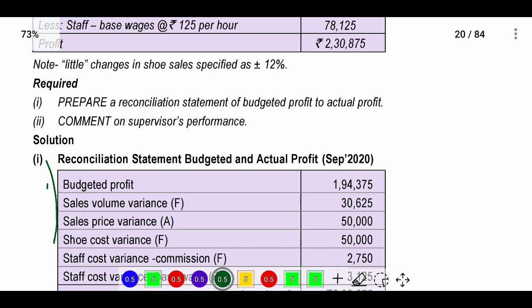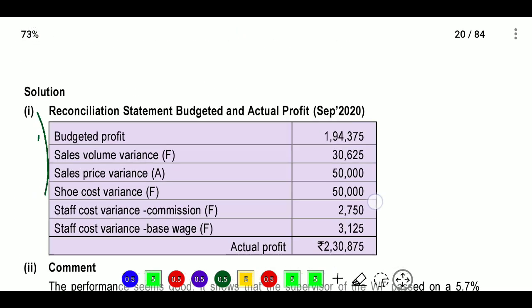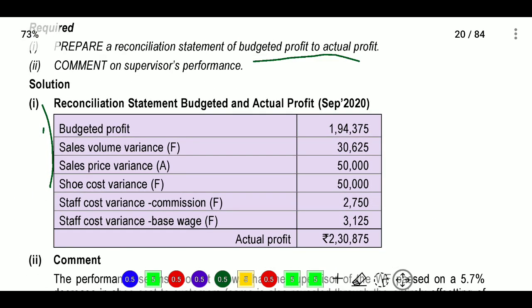Prepare a reconciliation statement of budgeted profit to actual profit, with comment on supervisor performance. So for the reconciliation statement of budgeted and actual profits, firstly we need to take the budgeted profit.